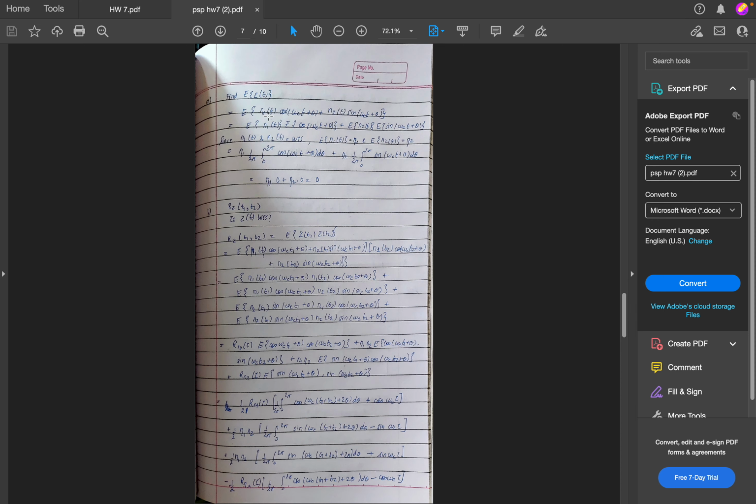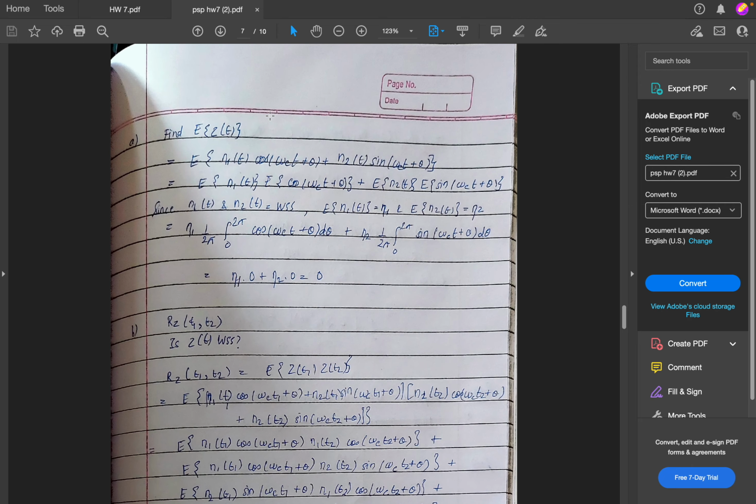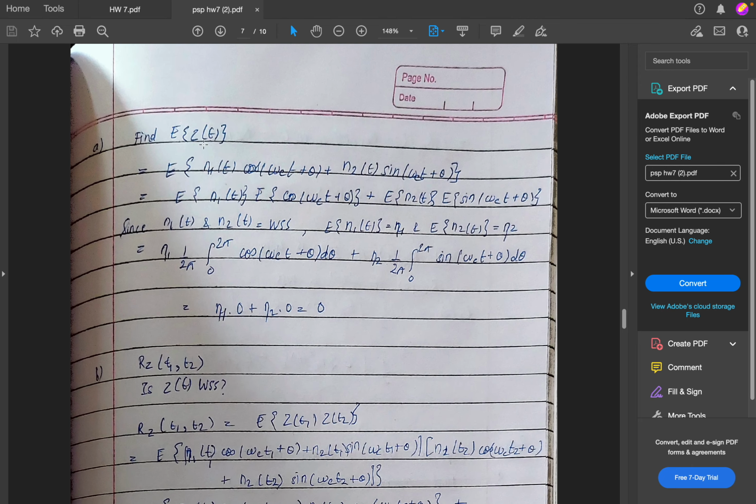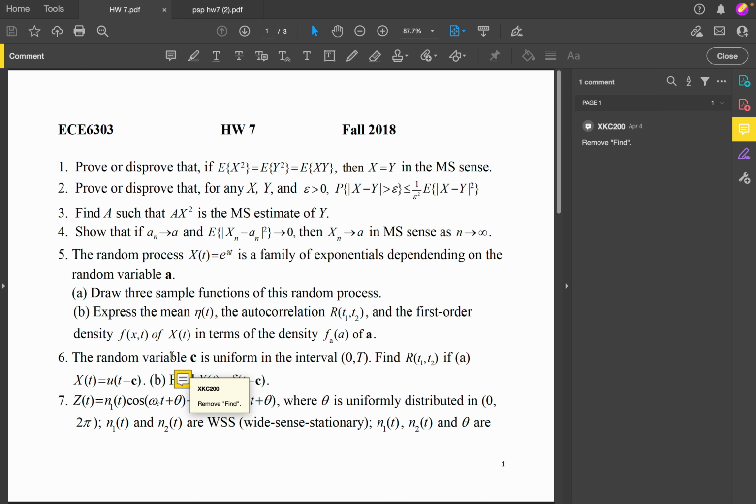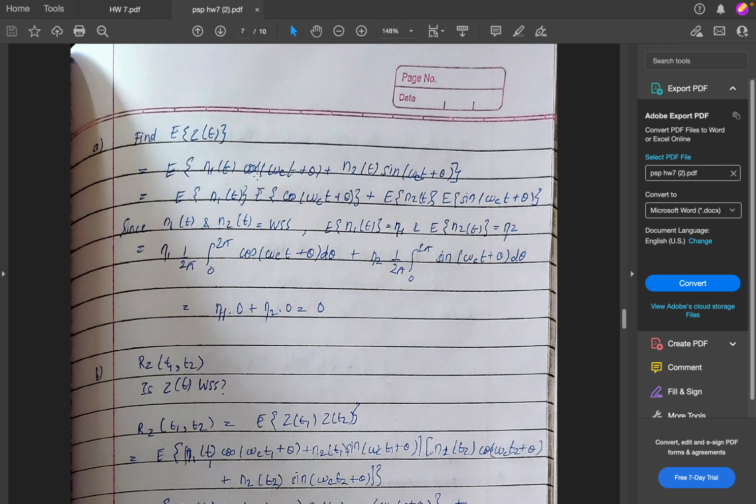To find the expected value of z(t), we plug in the value of z(t) from the question. Since n1(t), n2(t) and θ are independent, we can write it as the expected value of n1(t) times the expected value of cos(ωc t + θ), plus the expected value of n2(t) times the expected value of sin(ωc t + θ).